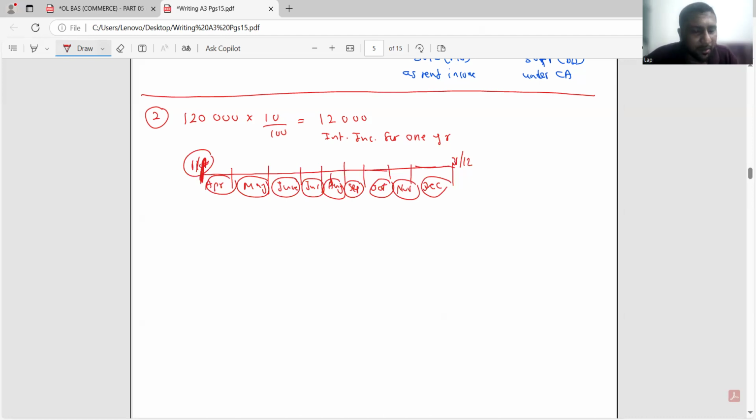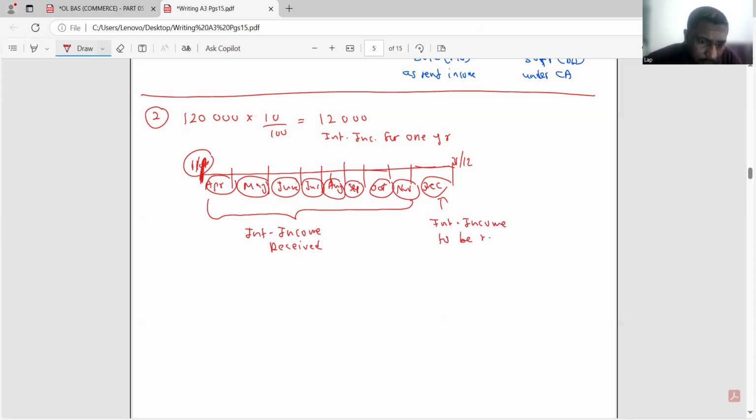What are they telling? December not yet given. So April to November, you receive the interest. Interest income received. December interest income to be received.